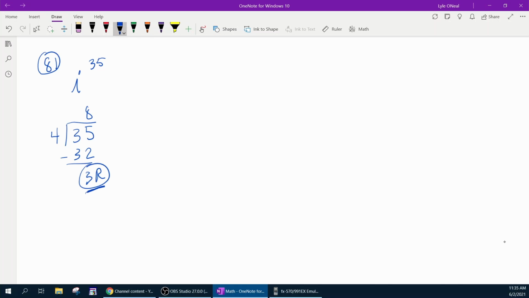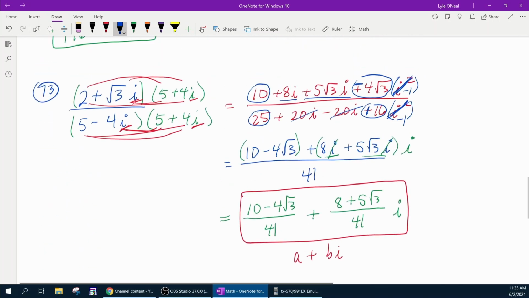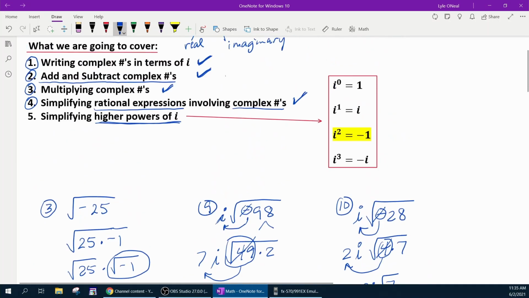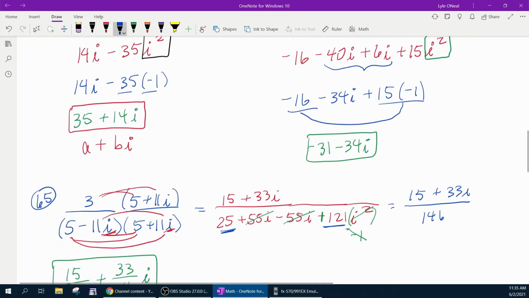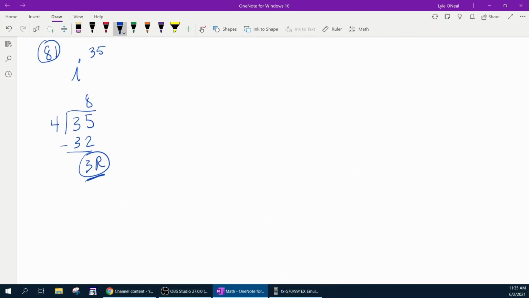And then you're going to take that remainder to your table, and the remainder corresponds to the exponent. So i to the third is negative i. So i to the 35th is also negative i.